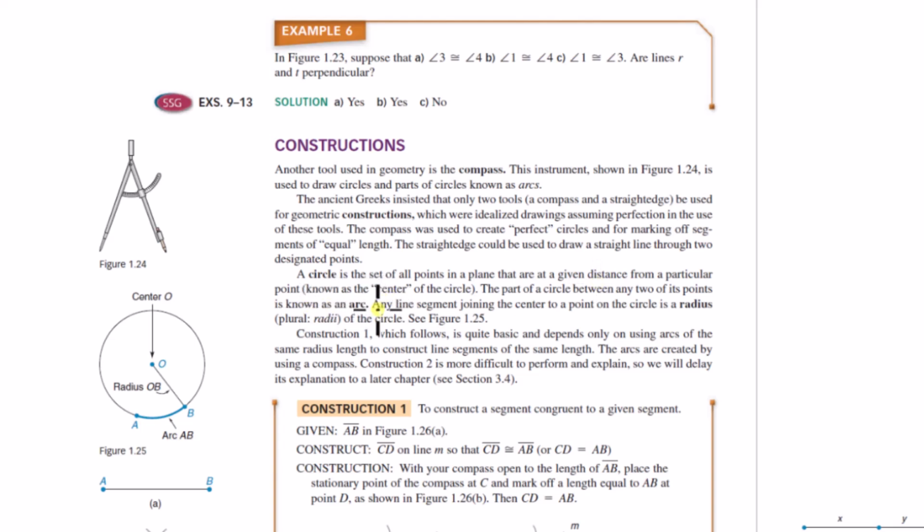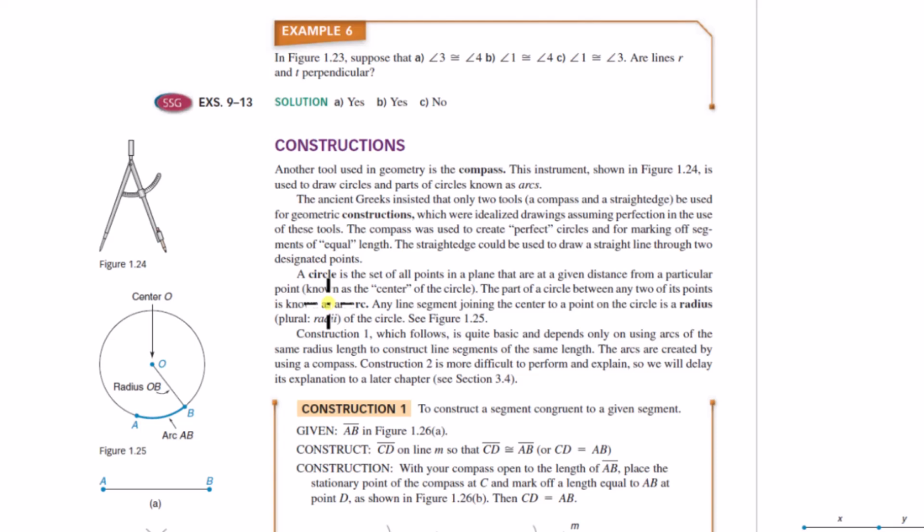All right, so what can we notice from this definition? Well, the first thing is that the center is not a part of the circle. The center point of a circle is not on the circle. That's just a part of the defining characteristic of the circle.